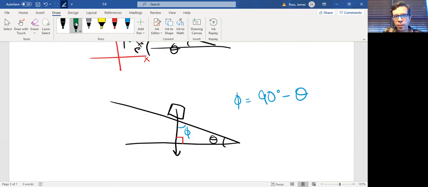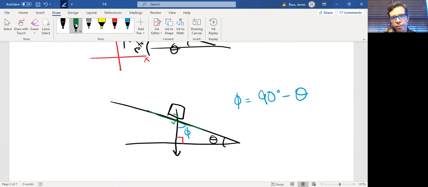So if I now look at my tilted coordinate axis, which is parallel and perpendicular to the surface here, so these are all right angles too. What I look at there, well, now I've got this right angle. Let me scoot this over.